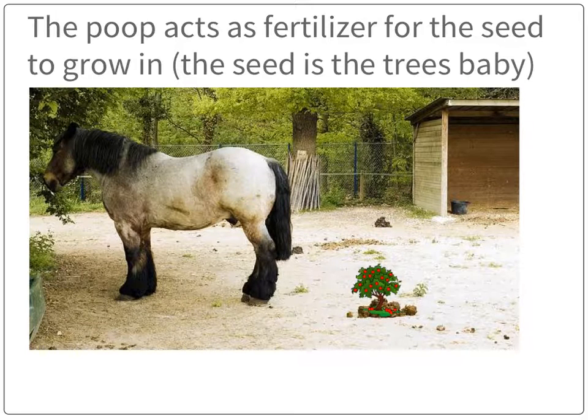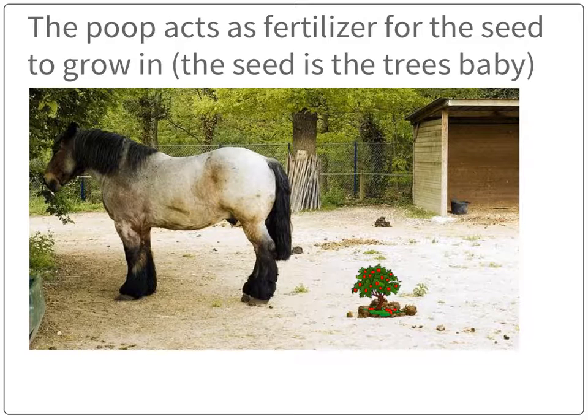And this allows the tree to not necessarily compete with its baby, because hopefully the horse has eaten the fruit and kind of galloped away and took a poop further away from the parent tree. So now the parent tree, where normally the seed would just fall from the tree, and now maybe the parent tree is kind of shading out its baby.